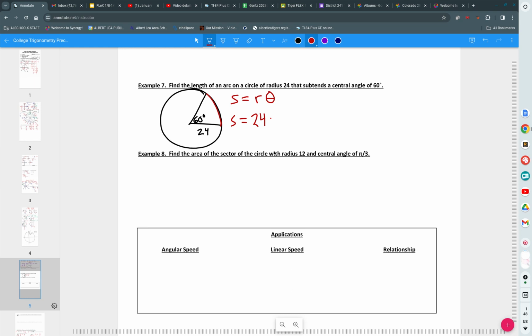Pi over 3, but in radians, the conversion is pi over 3. So if you type in 60, you're not going to get the right answer. You type in pi over 3, you're going to get the right answer. And you end up with 8 pi. This is the exact value in terms of pi. You would like to be able to express it both as an exact value and as an estimate of a decimal.